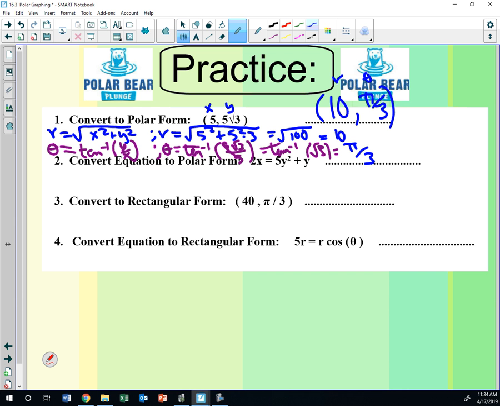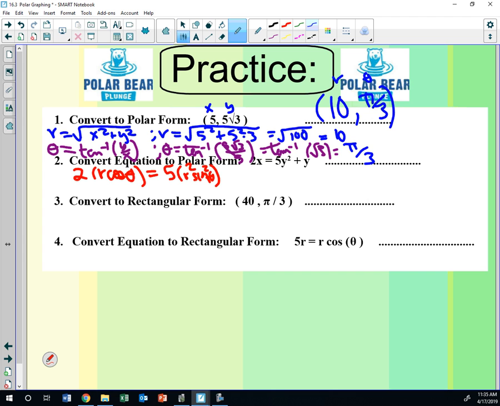Next, let's do the equation. It's in xy form in the equation. We're going to turn it into polar. So wherever you see x, you can replace it with r cosine theta. So this is 2r cosine theta. And then wherever you see a y, you can replace it with r sine theta. And this one's squared, so we'll square each of these.